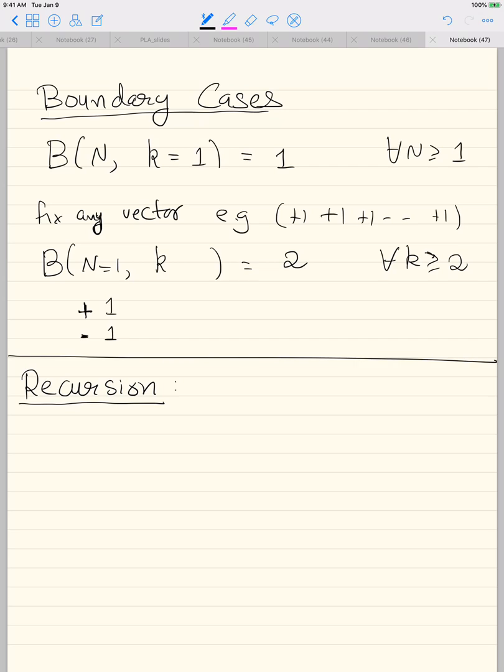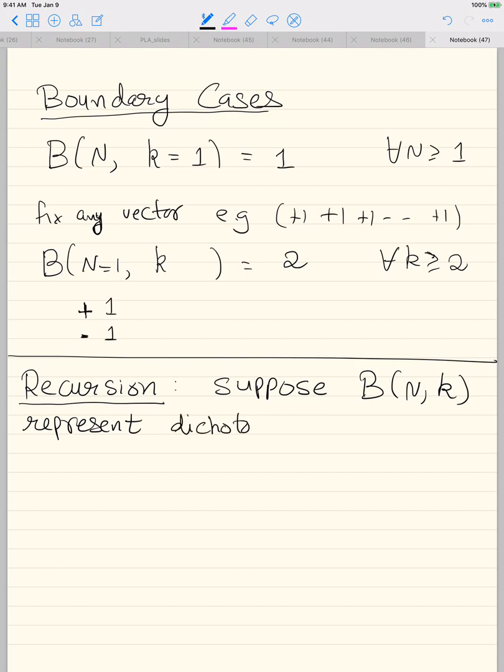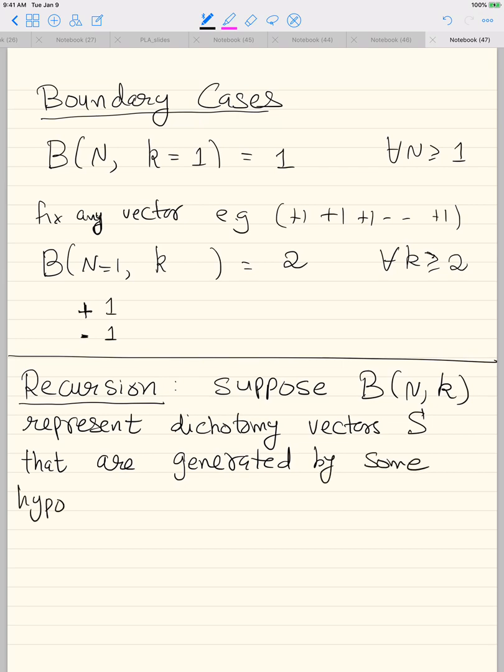So what we will do is, suppose that B(n, k) represents the dichotomy vectors S. So S is the set of dichotomy vectors that are generated by some hypothesis set H over points x1, x2 up to xn.